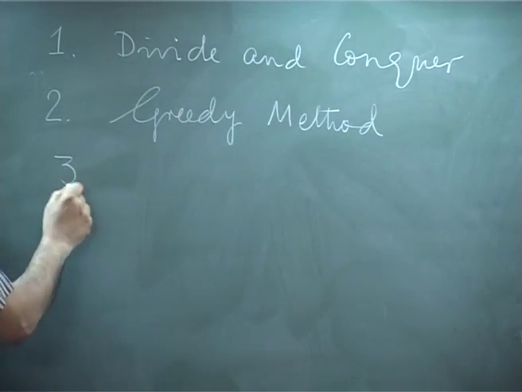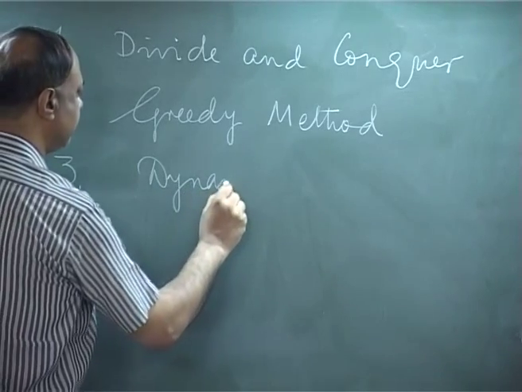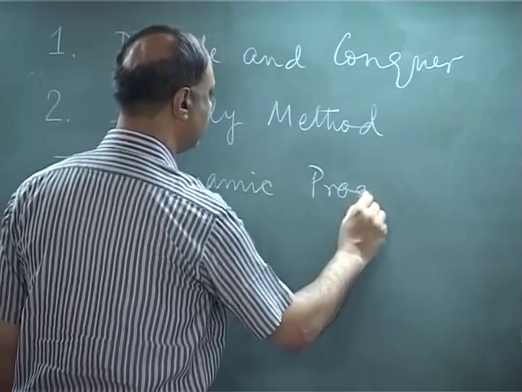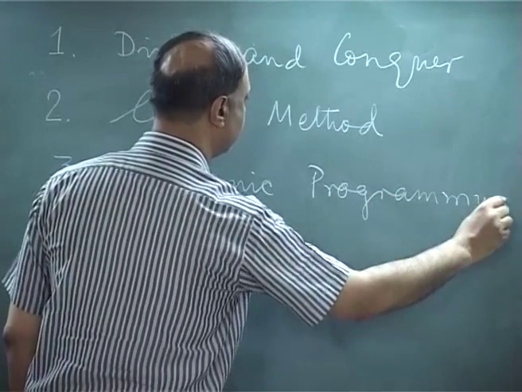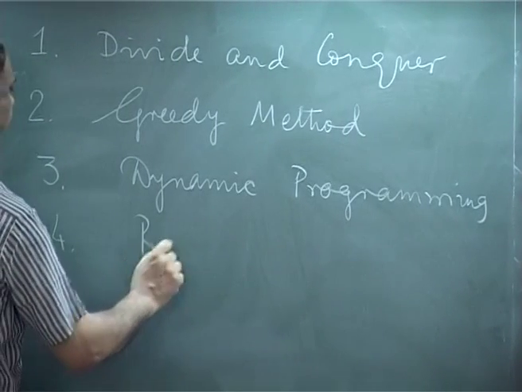The third one is dynamic programming. The fourth one is backtracking.